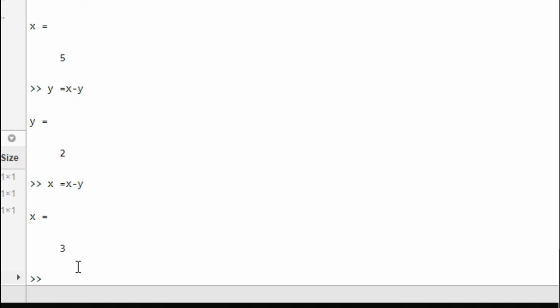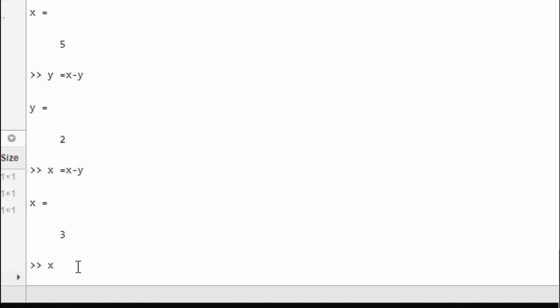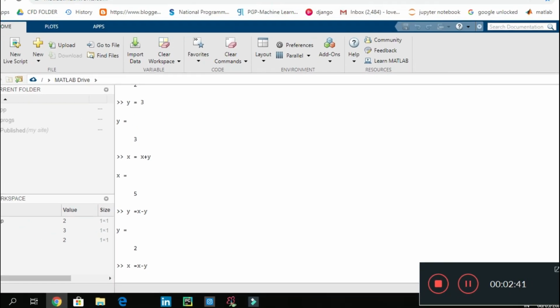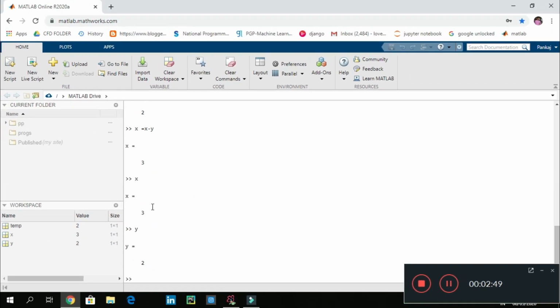I don't know where this formula came from, but it is useful. Now let's check: x gives 3 and y gives 2. At the start we had x equal to 2 and y equal to 3, and now we have x equal to 3 and y equal to 2. Like this, two numbers are swapped without using a temporary variable.